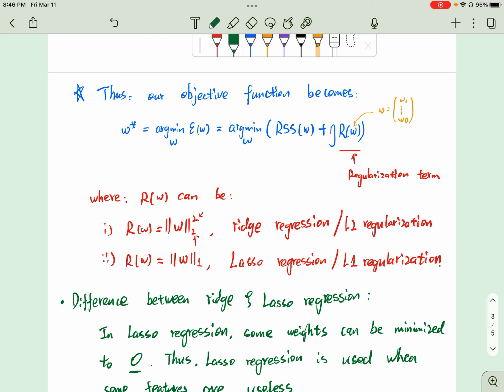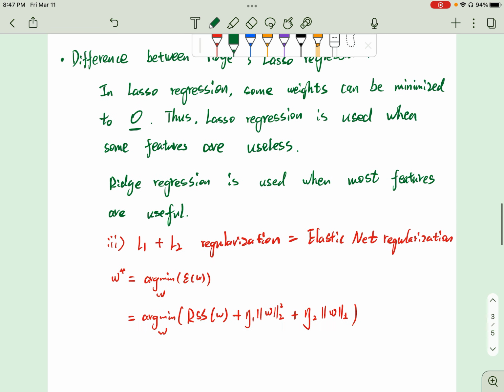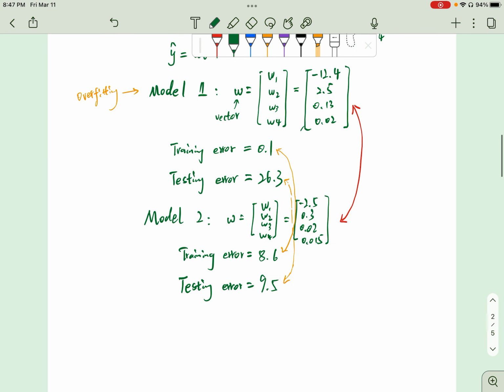So as we increase the value of eta, it means that we will no longer care about the training error, and the training error will go very large. But on the contrary, these weights will be dominantly minimized.